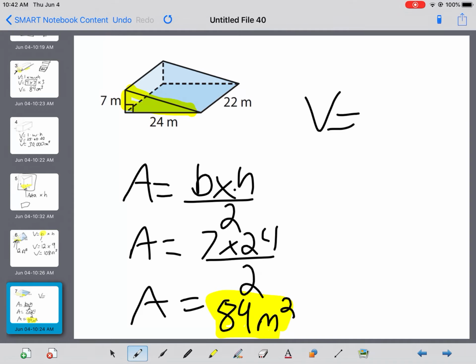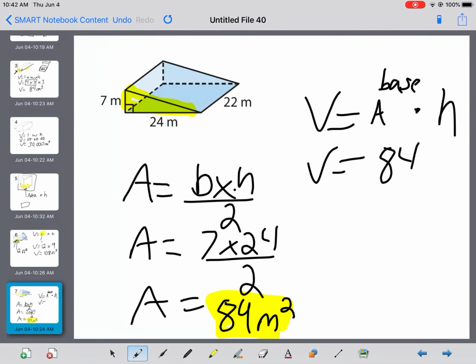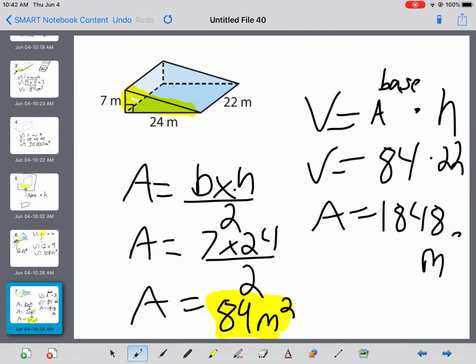So I'm going to take the base's area and multiply it by the height that it's going all the way up. So I get 84 times 22, and I get 1,848 meters cubed, or cubic meters.